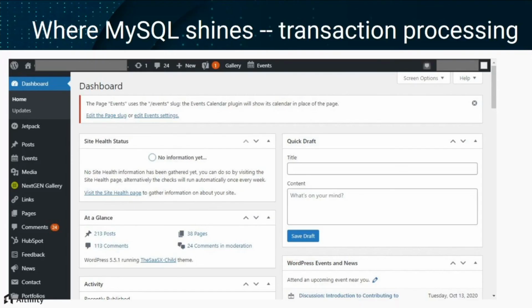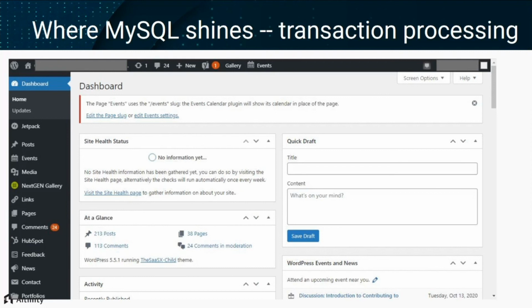Okay, so let's wrap this up. We had the introduction to MySQL, we had the introduction to ClickHouse, and we dug into some of the plumbing. Let's take it up a level and just talk about specifically in terms of applications. So MySQL, once again, really shines for things like transaction processing. If you run a website, you've probably seen this screen.